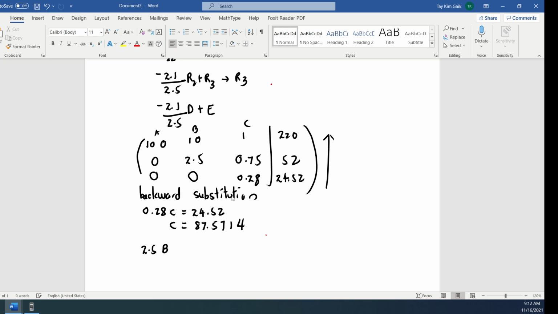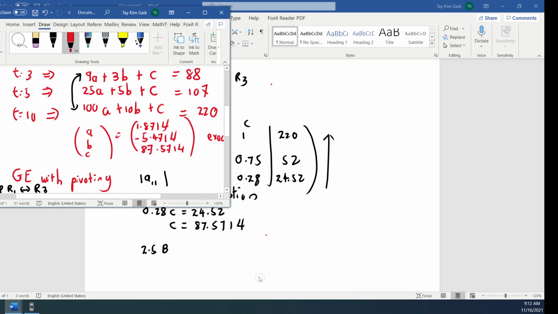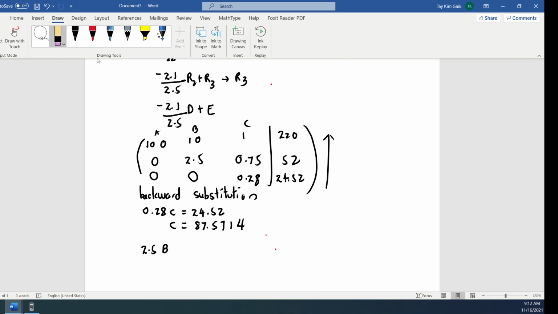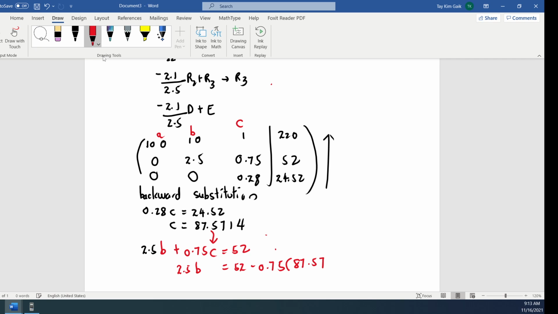You have 2.5B plus 0.75C equal to 52. Plug in C here. So 2.5B equals 52 minus 0.75 times C, where C is 87.5714.